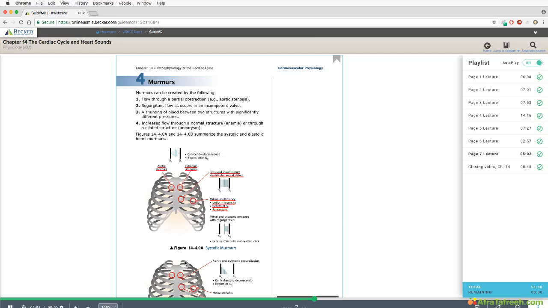It's an early diastolic decrescendo murmur. It begins at S2. Now, in terms of hearing the murmur, it tends to radiate down the left side of the sternum. So it's not the aortic area, it is the left side of the sternum is when you tend to hear this murmur.